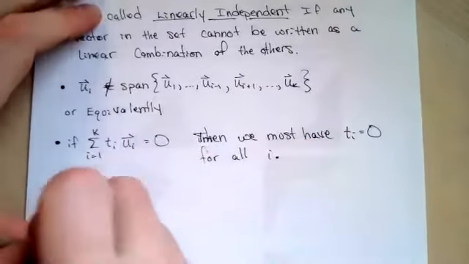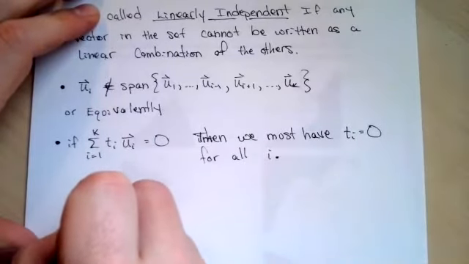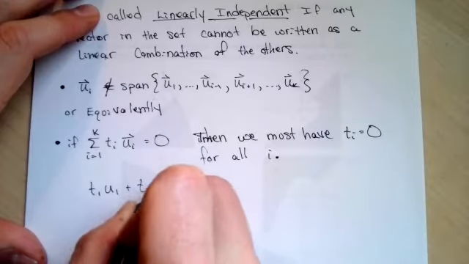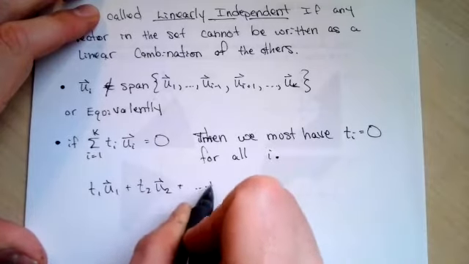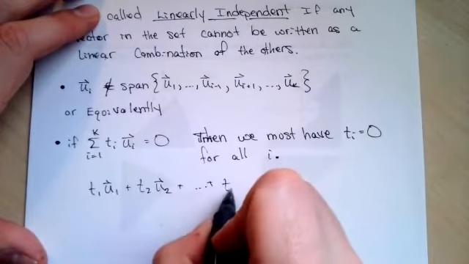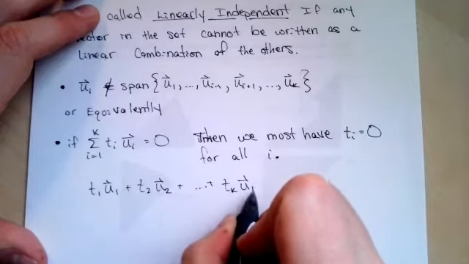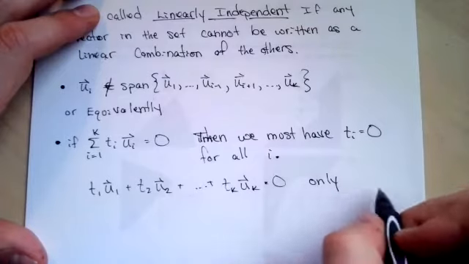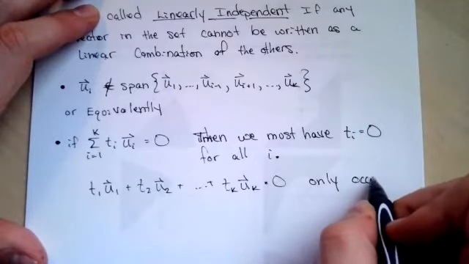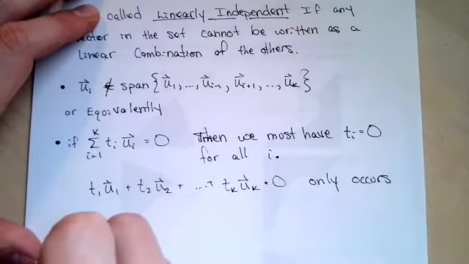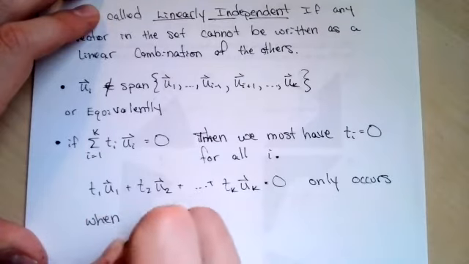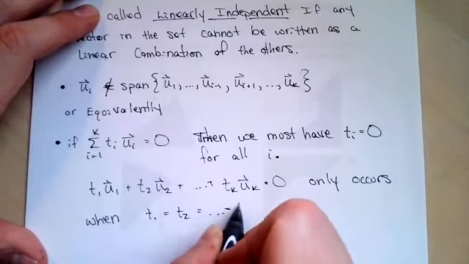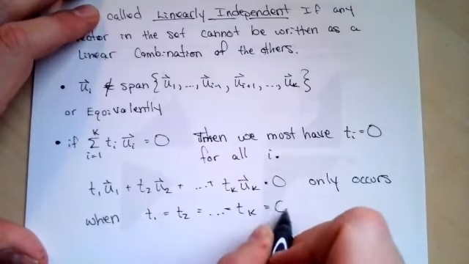In other words, this only occurs when all of the ti, t1 equals t2 equals all of those equals 0.